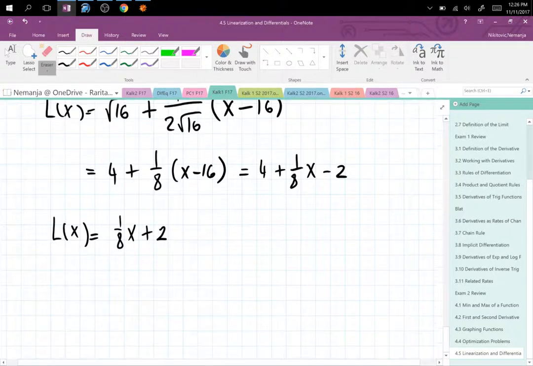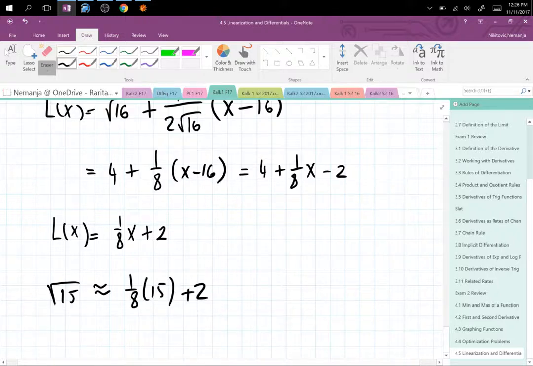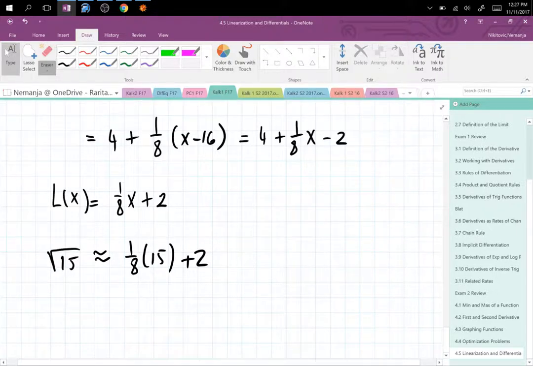So how much is the square root of 15? It's approximated by 1 over 8 times 15 plus 2. So we found the tangent line. And we plug in 15, and now you can use, right, long division and stuff to figure out, you know, how much this is.